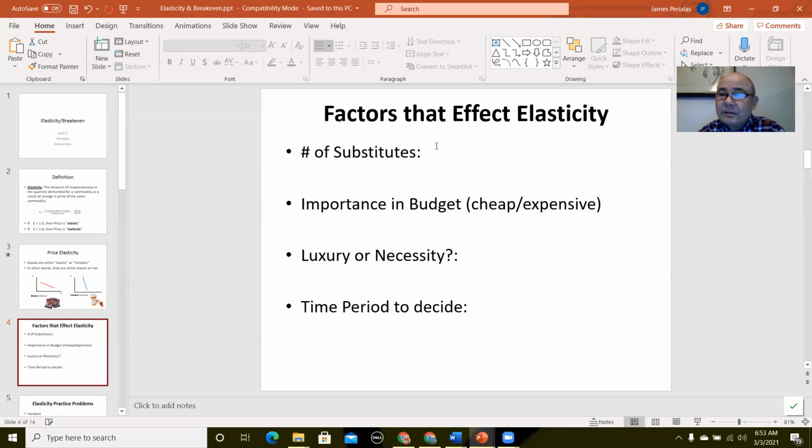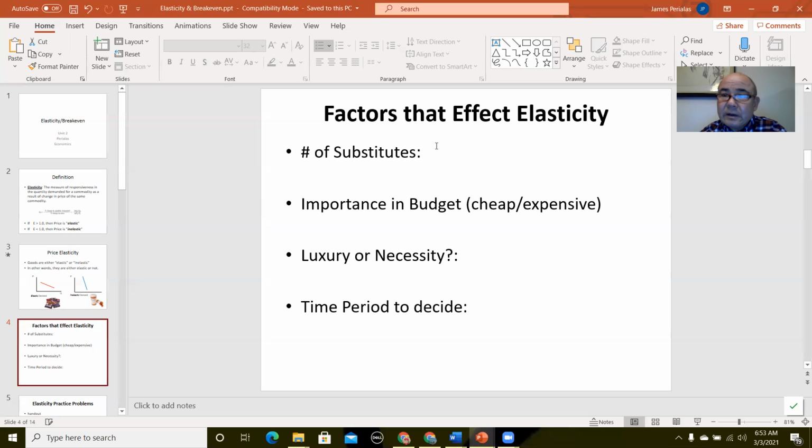I just explained how a 50% change in price for salt basically isn't going to mean much to your family. But a 50% change in the price of a car is very significant. So if you are going to buy a car for $20,000, that's a kind of cheap new car, expensive used car, but cheap new car, $20,000. And then they raise the price by 50%. 50% of $20,000 is $10,000.